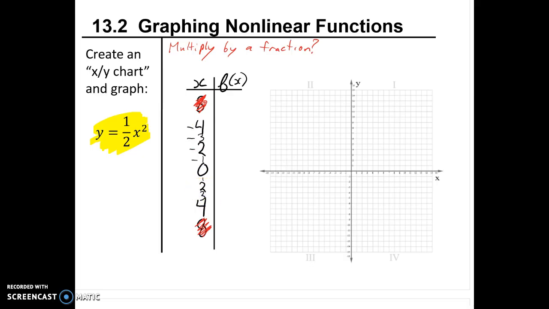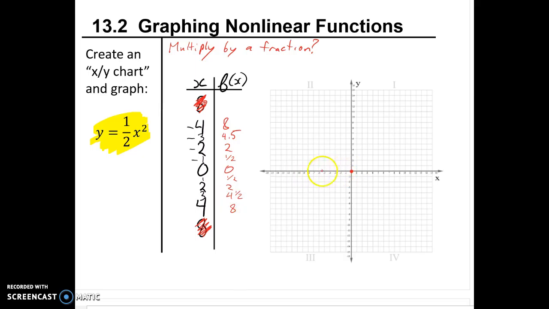Let's do those ones. -4 squared, 16 times a half, 8. -3 squared is 9 times a half, 4.5. -2 squared is 4 times a half is 2. -1 squared is 1 times a half, so that's 1/2. 0, and it's going to be the same on this side. 1/2, 2, 4.5, 8.